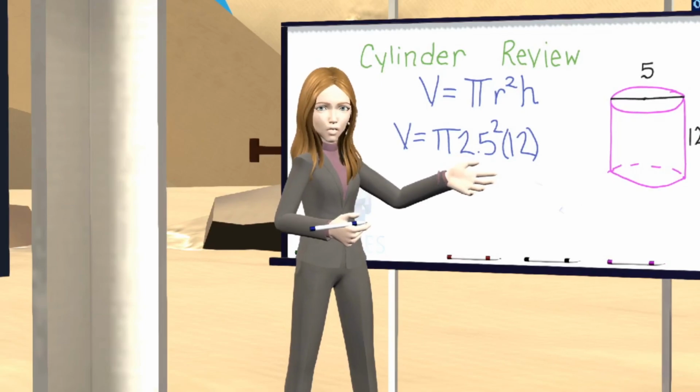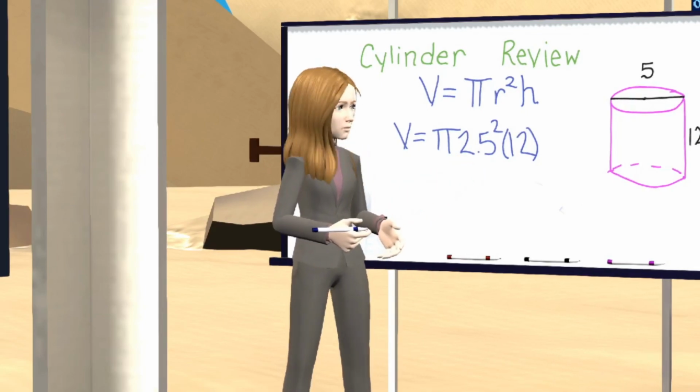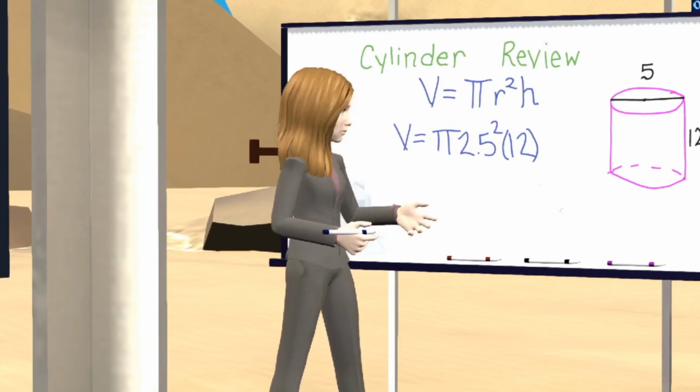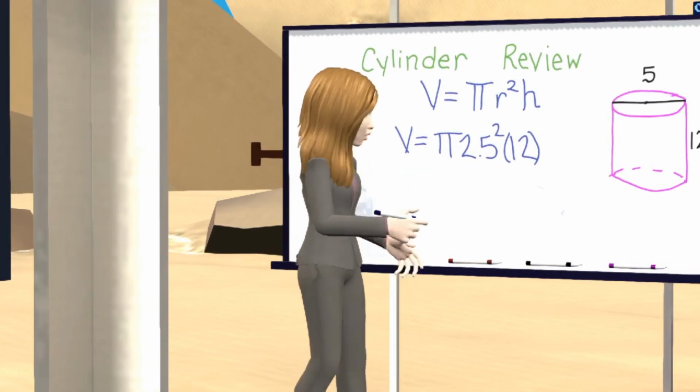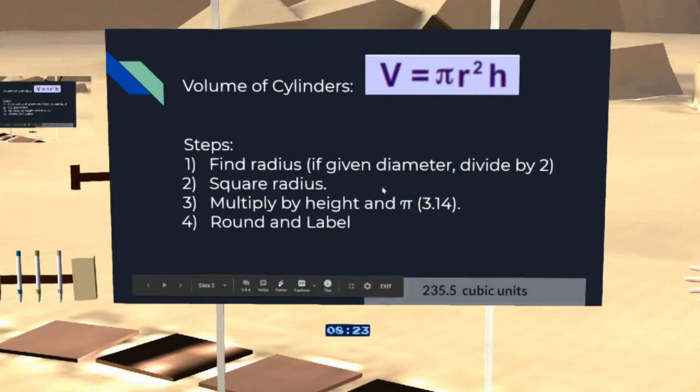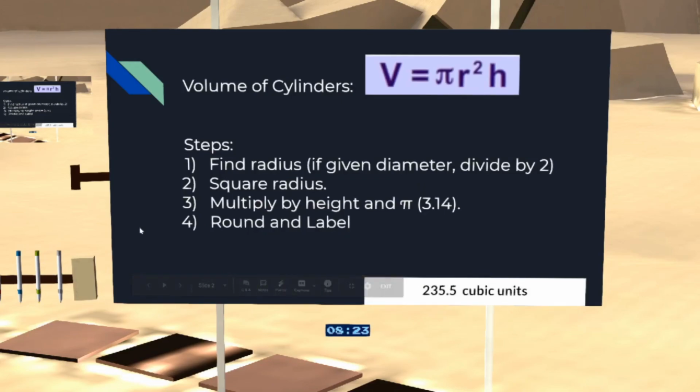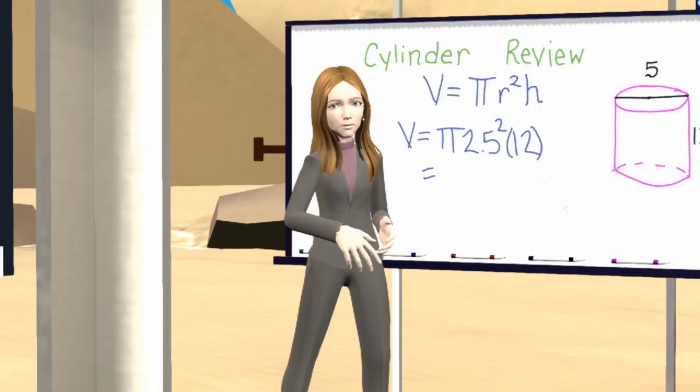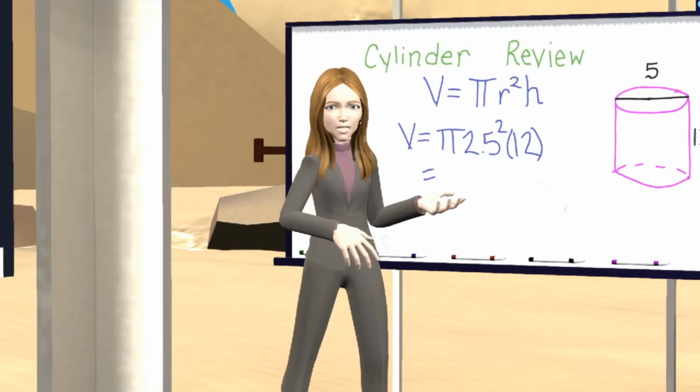Squared means 2.5 times 2.5 times 12 times 3.14. And you should get 235.5 cubic units. So that would be our volume of a cylinder.